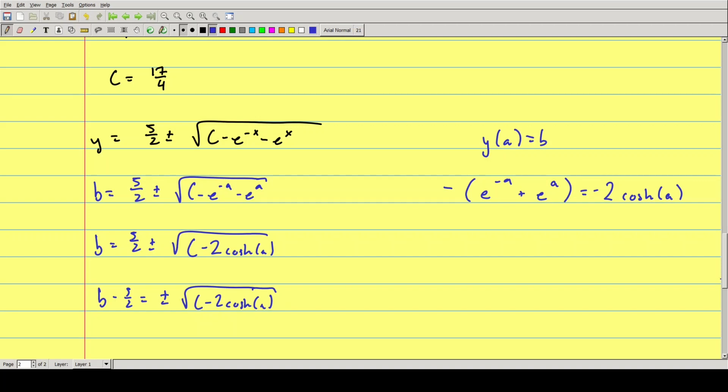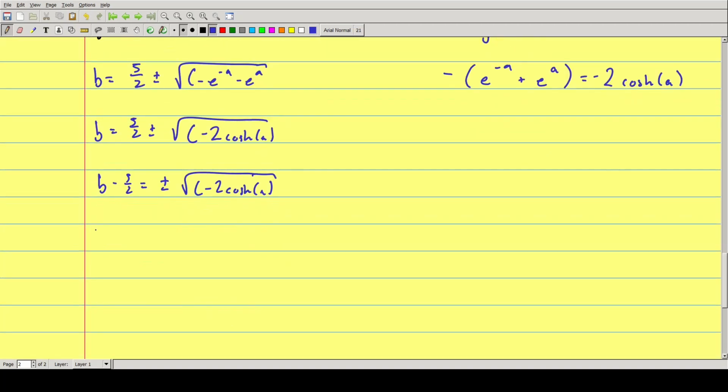Square both sides. We get this. And so this is our expression for c: b minus 5/2 squared plus 2 times the hyperbolic cosine of a.